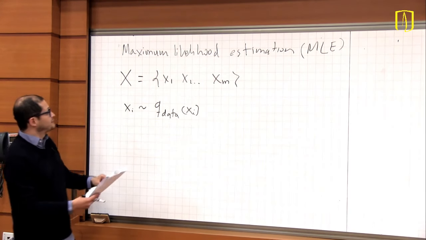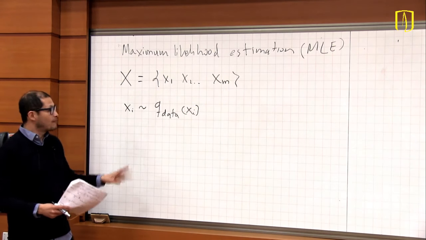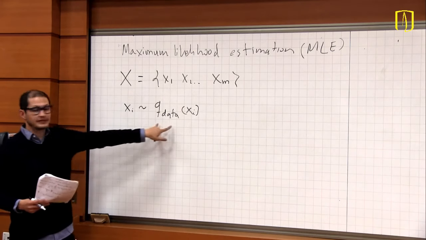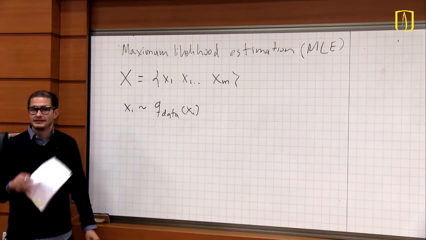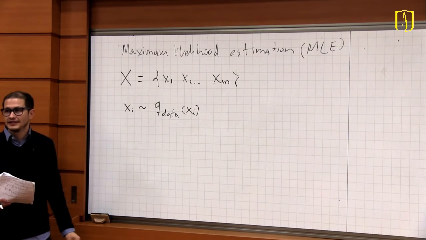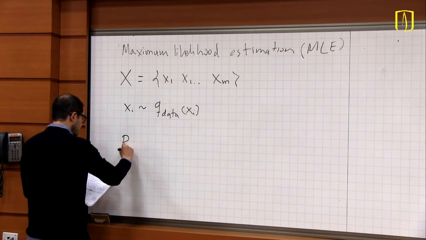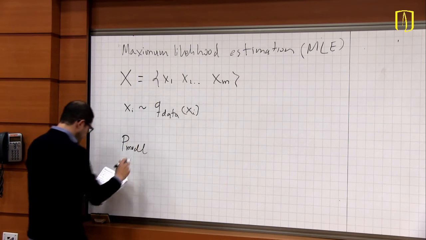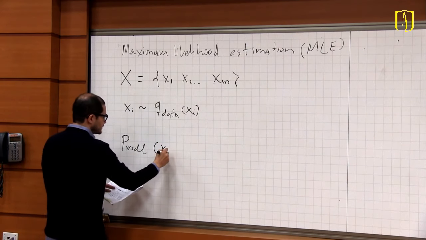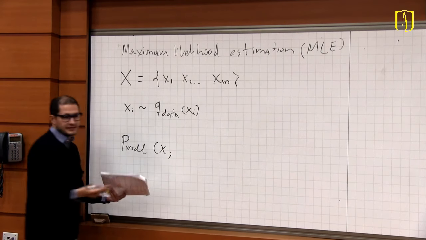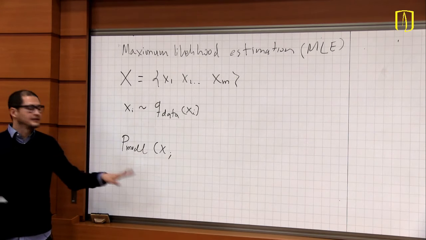The idea of maximum likelihood estimation is that we're going to propose a model distribution that approximates this distribution that we imagine is out there in the universe. Okay? So we're going to propose a model, P model, which is a function of x parameterized by some set of parameters. You can start thinking, what is this model?